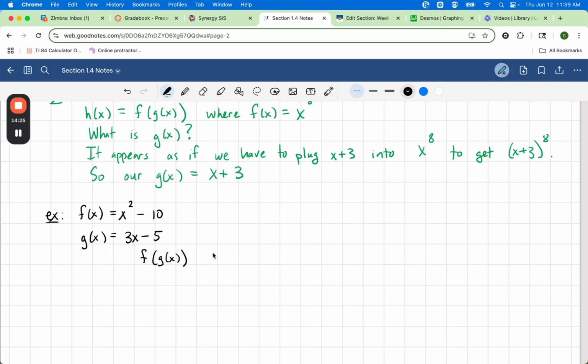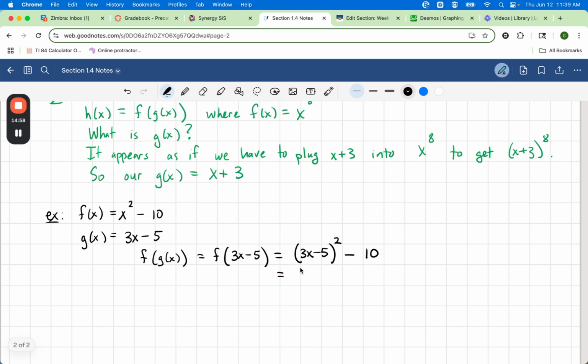All right, so f of g of x is telling us take g of x, 3x minus 5, plug it in for x in the f function. So this really means the function f evaluated at 3x minus 5. So I replace this x right here with 3x minus 5. So we get 3x minus 5 squared minus 10.